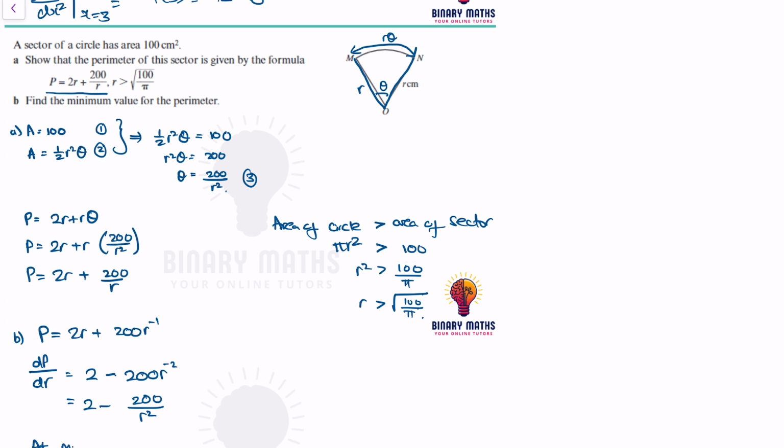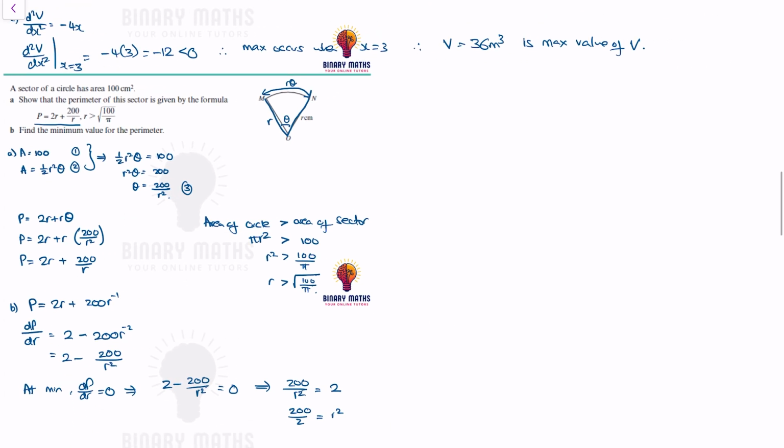So we know at a minimum dP/dr is equal to 0, which implies 2 minus 200 over r squared is equal to 0, which implies 200 over r squared is equal to 2, which means 200 over 2 is equal to r squared, which implies r squared is equal to 100, which means r is equal to the square root of 100, which means r is equal to 10.